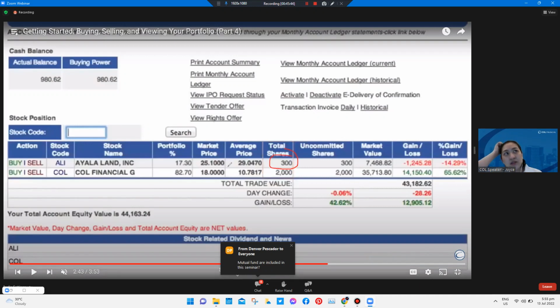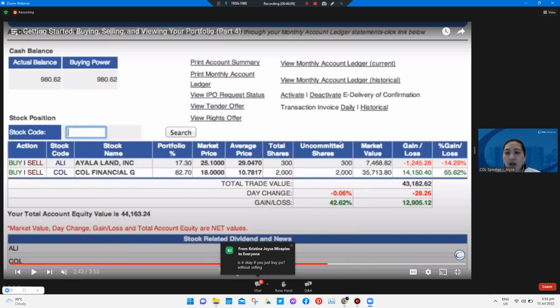It is because there is that 22 pesos that was added for the buying fee. So your average price is usually a little higher than the price that you bought it at, usually a few cents higher because of the buying fees. Here, you can take note of the average price, how much you purchased for every share.